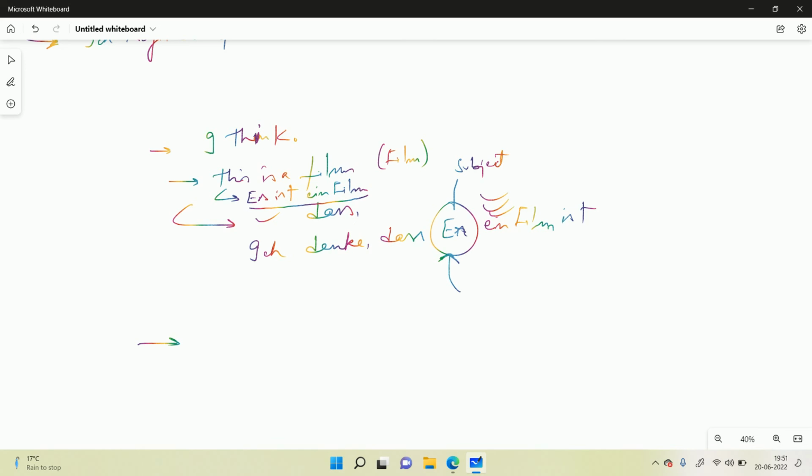So a simple example for Arvid. I see, this is a, let's say, Fahrrad, cycle. So how it should be, Arvid?